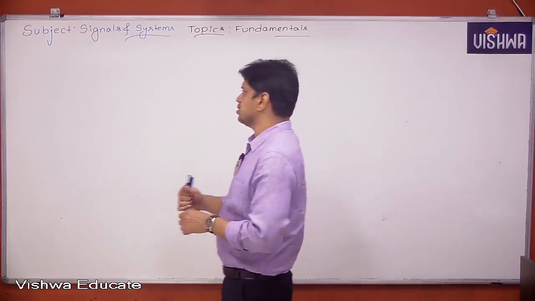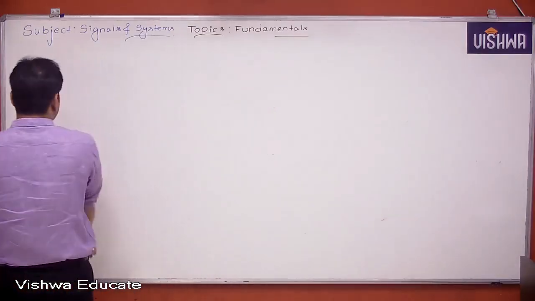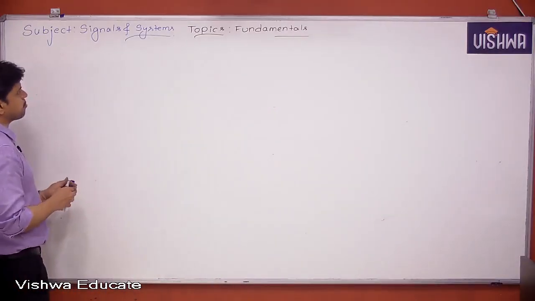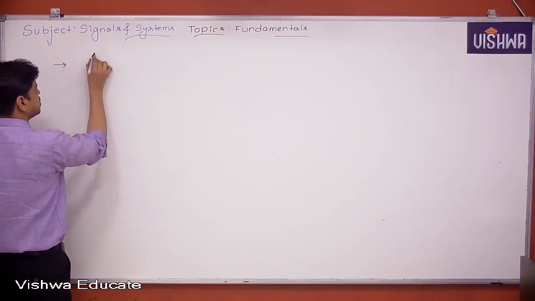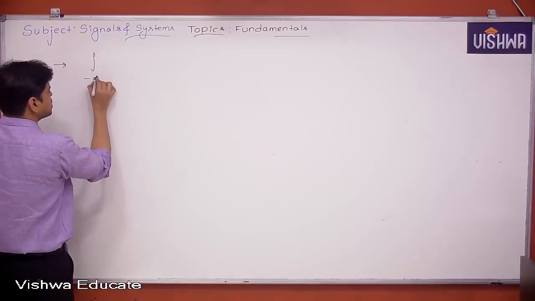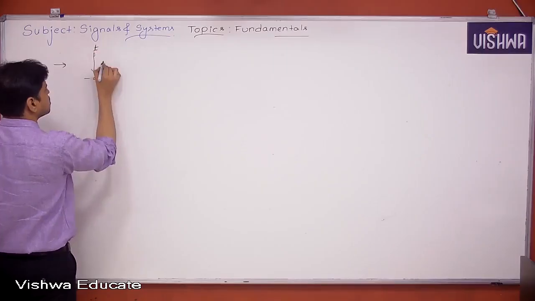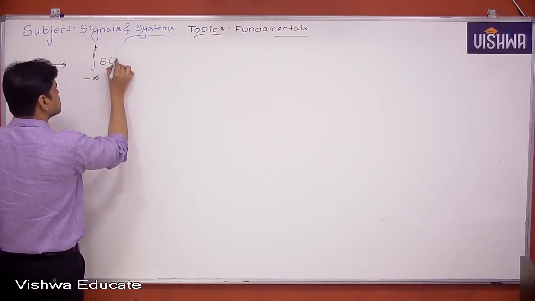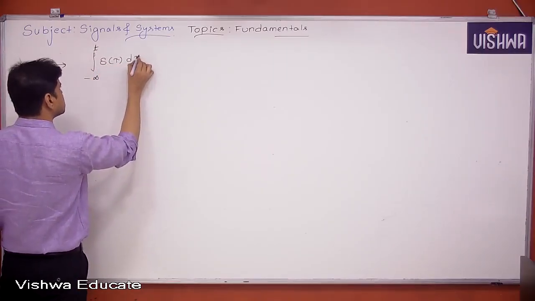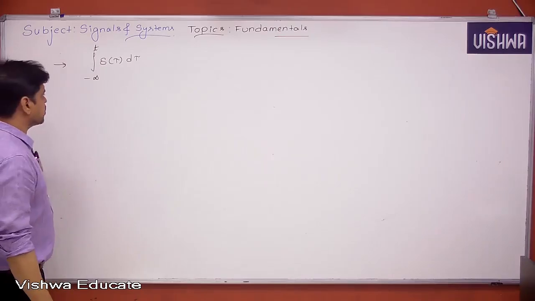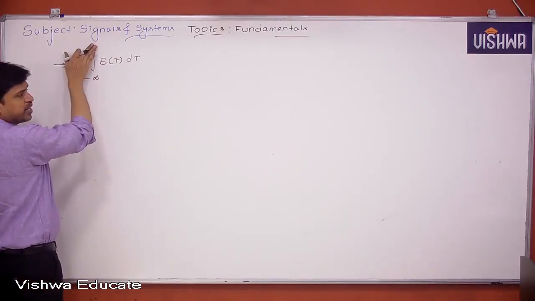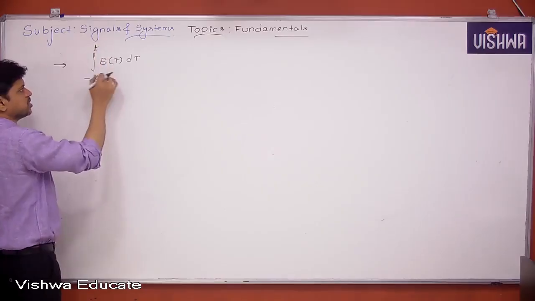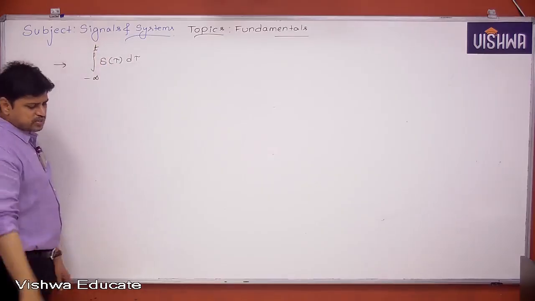Listen, this is a very interesting point to remember. If I write a function like this, integral minus infinity to t delta tau d tau. If I simply take minus infinity to plus infinity, delta tau d tau, its value is equal to 1.